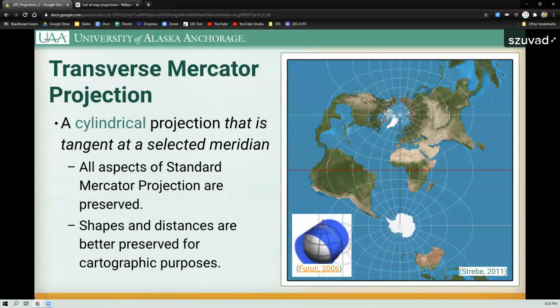So then we move to the transverse Mercator system, and it has a lot of the same issues of the Mercator system. It's still a cylindrical system, but instead of being a normal cylindrical system, it's transverse. So the axes are perpendicular to each other. The axis of rotation of the globe is perpendicular to the cylindrical axis of this representative planar surface that we've wrapped around the globe.